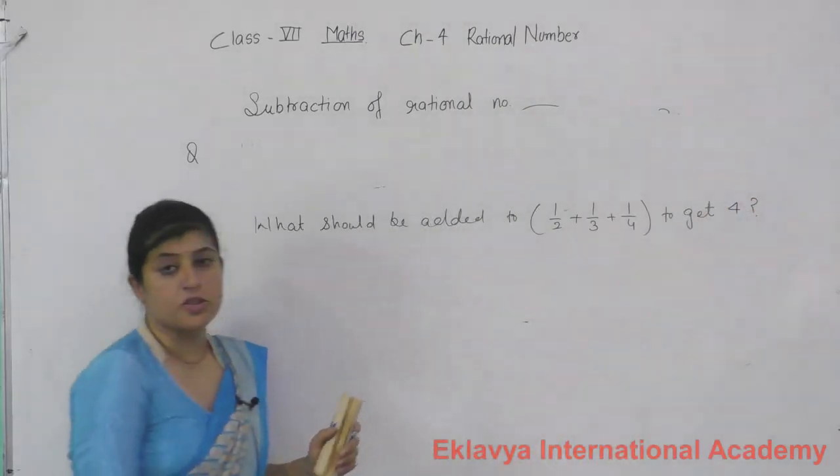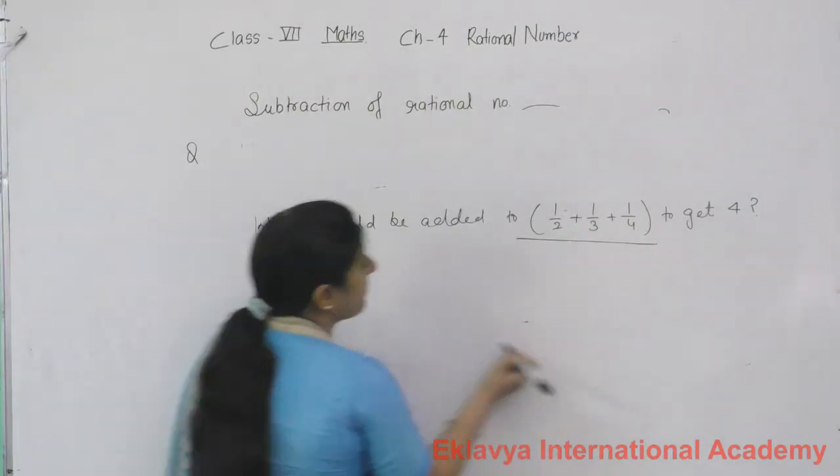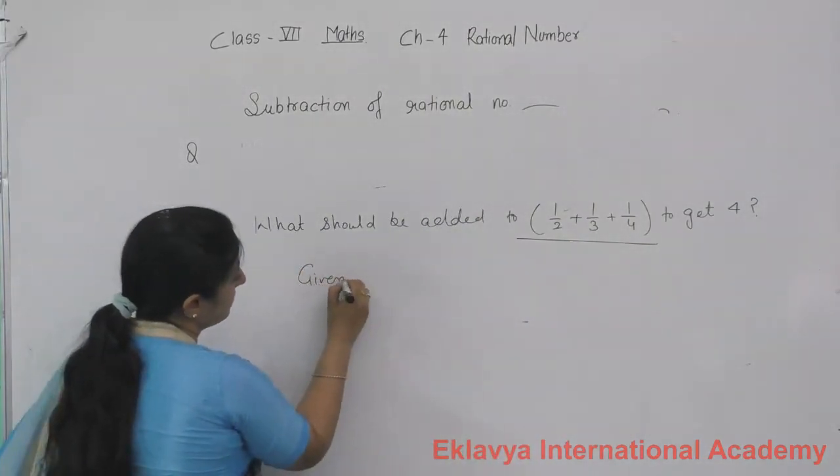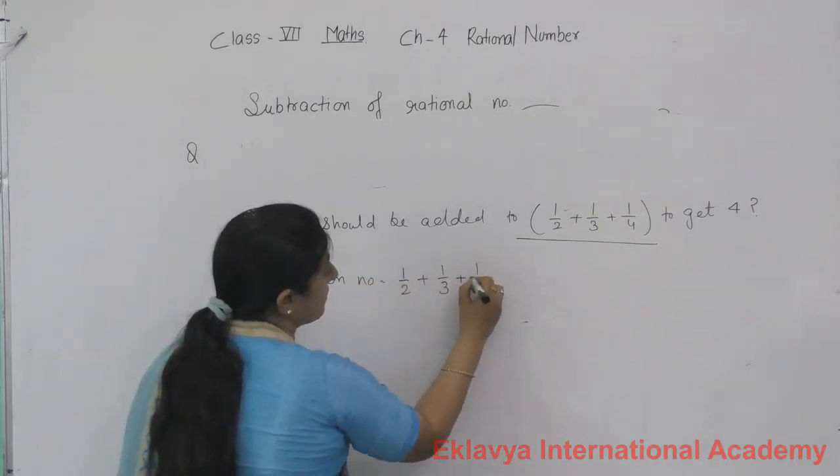How to solve this question? Same procedure. The given number is 1 by 2 plus 1 by 3 plus 1 by 4.